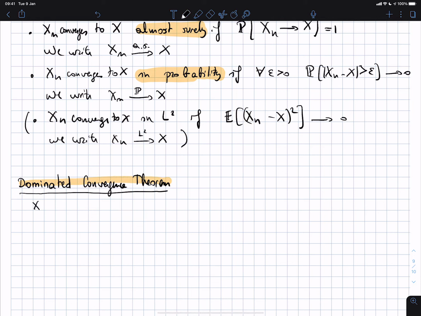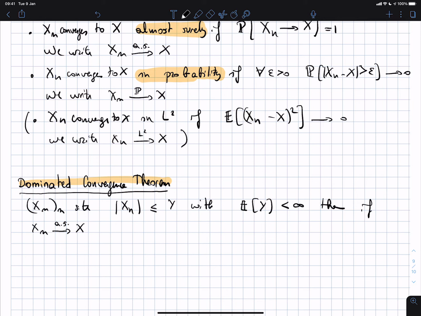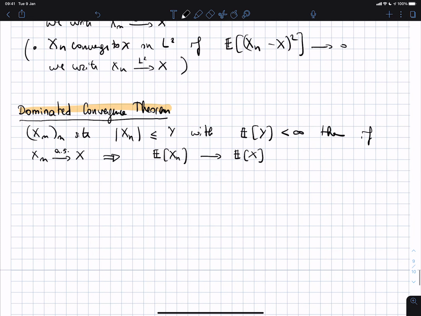Well, it says that if you have a sequence such that the absolute value of Xn is smaller than some Y with Y which has a finite mean, then if Xn converges to some X almost surely, it follows that expectation of Xn converges to expectation of X. That is, we can exchange limits and integrals.